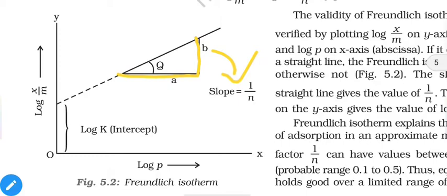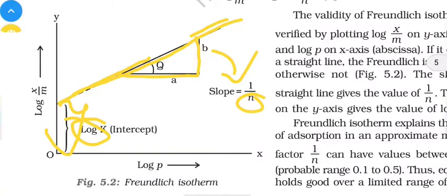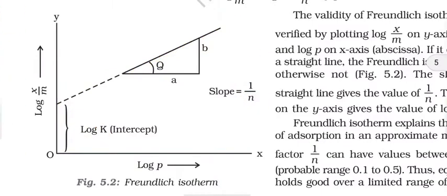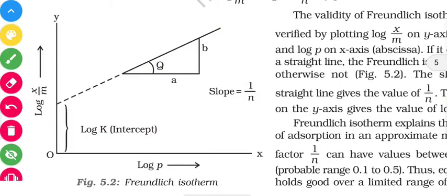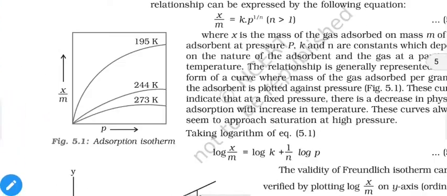That means you will get the value of constant n by plotting this graph, and the intercept is equal to log k. So by plotting the graph we can get the values of the constants mentioned here.